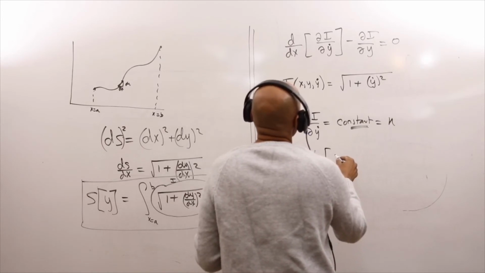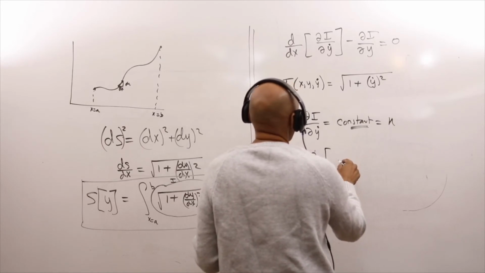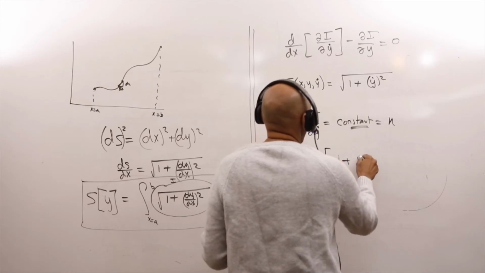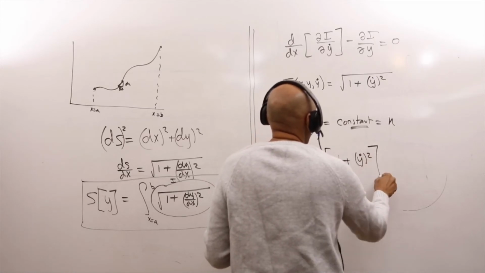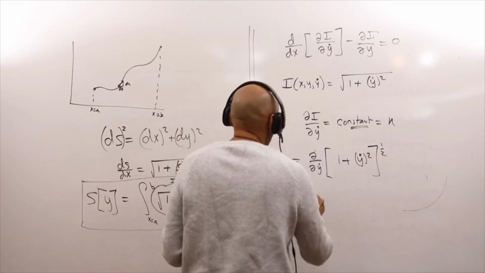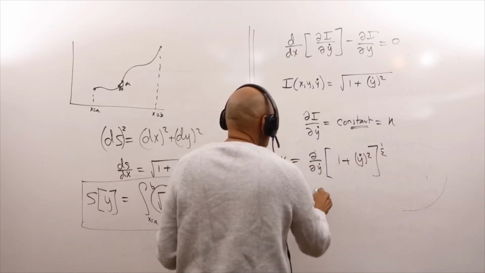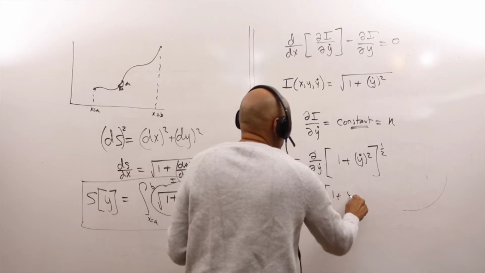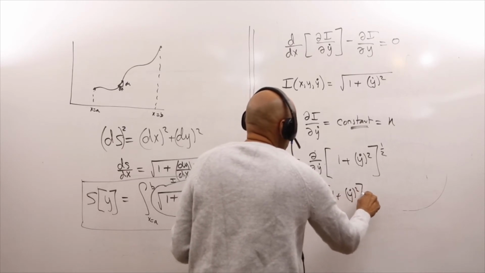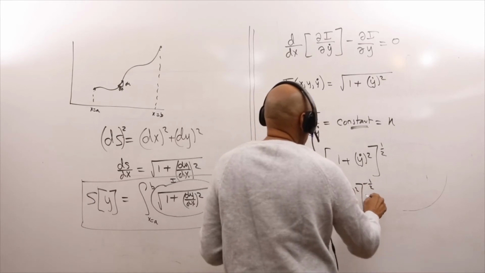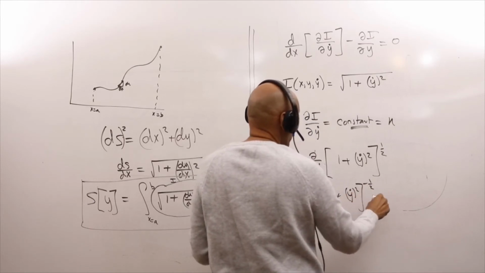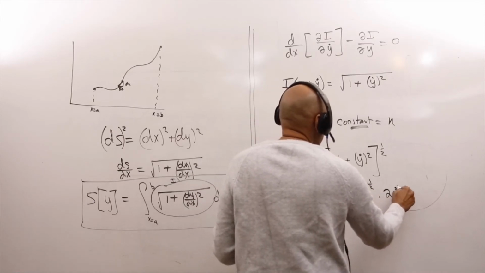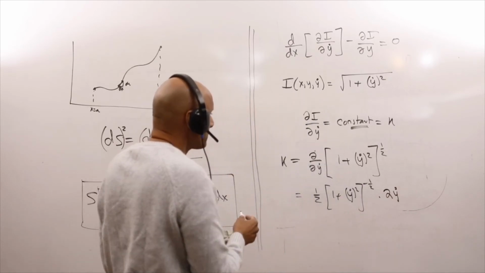So this is the partial of I. I is given by 1 plus y dot squared to the 1/2. So we can bring this around and say, okay, this is really 1/2, and 1 plus y dot squared to the minus 1/2, and the derivative of y dot with respect to y dot is 2y dot, and that's equal to a constant.